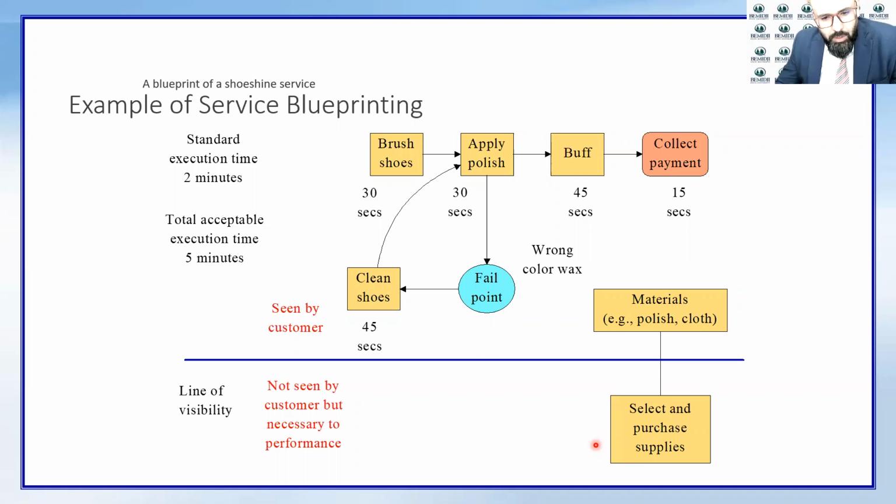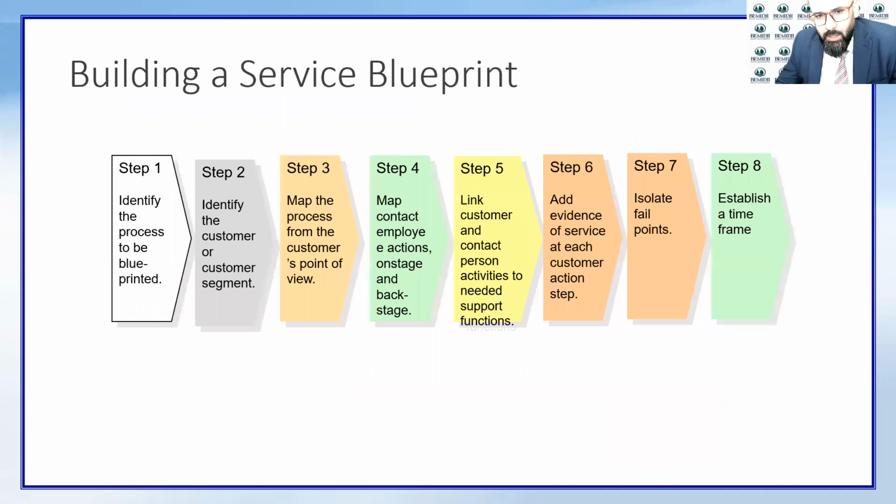Also, I want to summarize what you need to do to build your blueprint. So in order to do the blueprint, what you have to do first is identify the process to be blueprinted, identify the customer or customer segment, so the steps that the customer has to do, map the process from the customer point of view, map contact employees' actions.